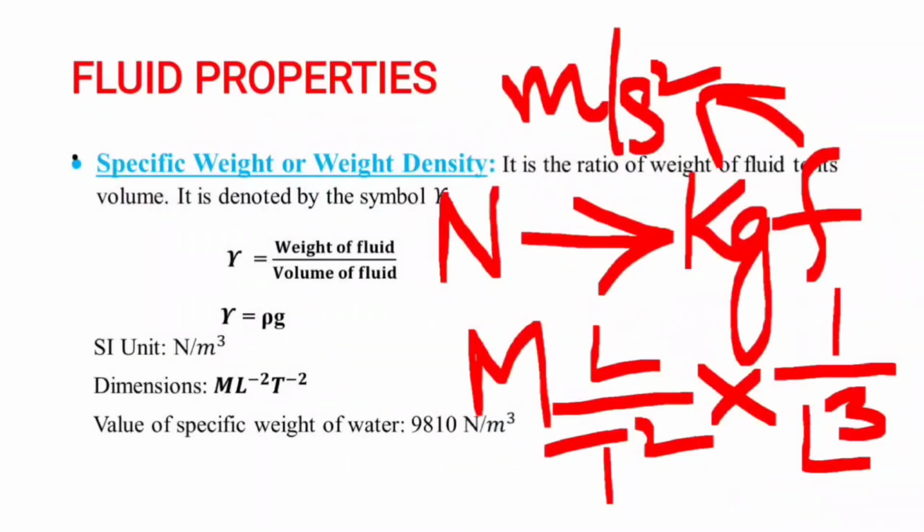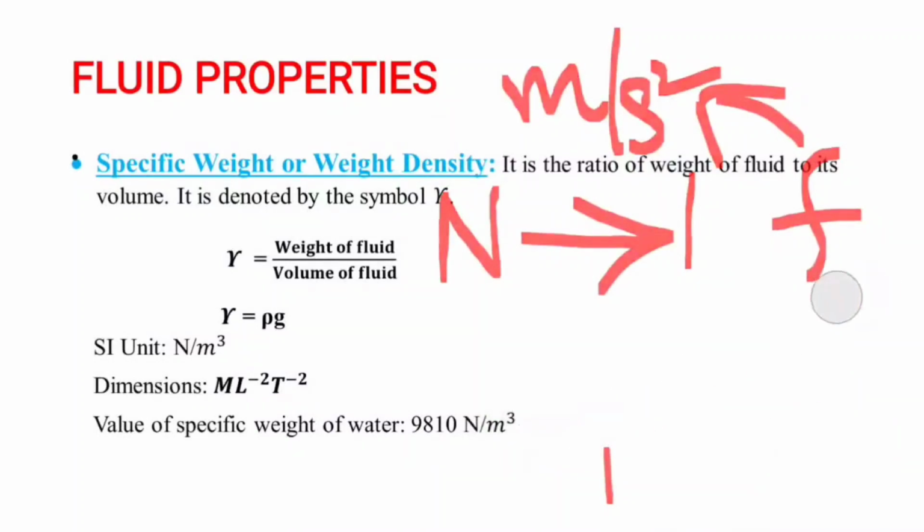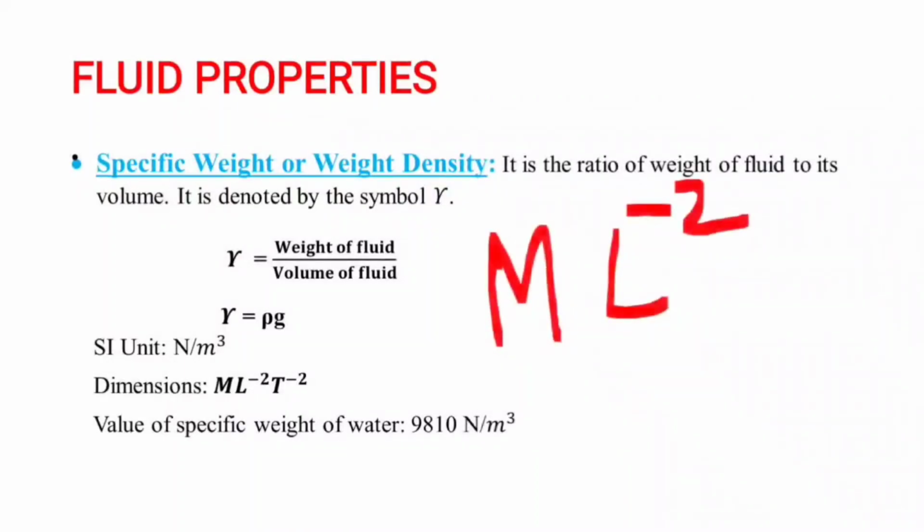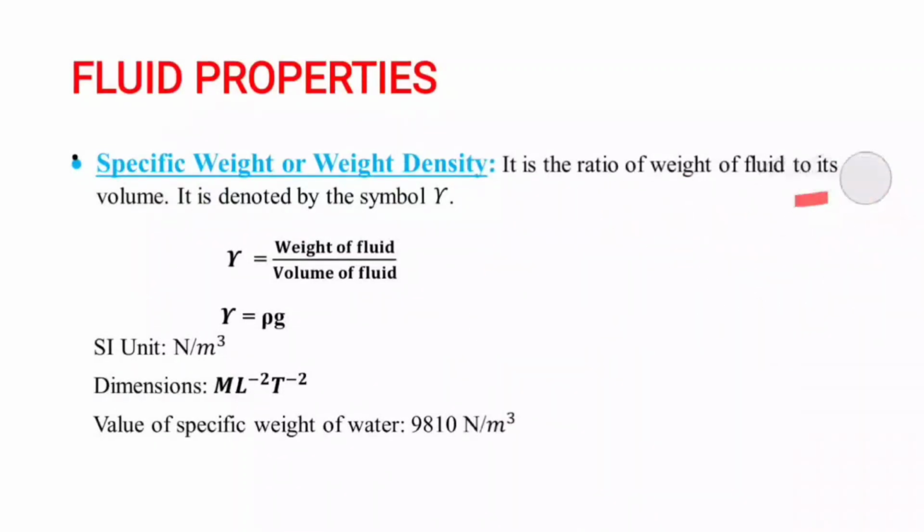It gives M L power minus 2 T power minus 2. Dimensions are also clear now. The value of specific weight of water is 9810.